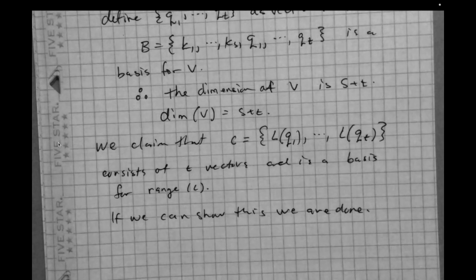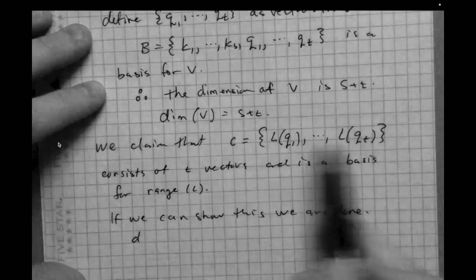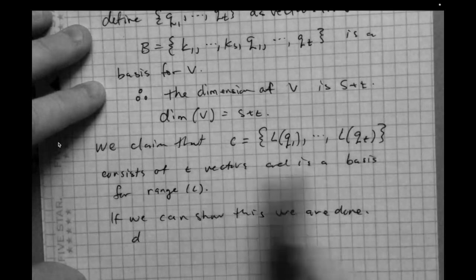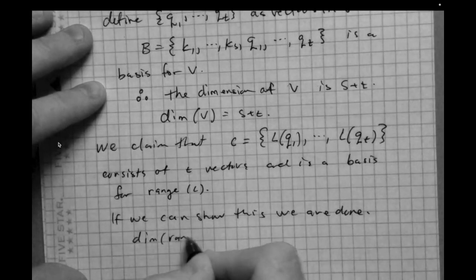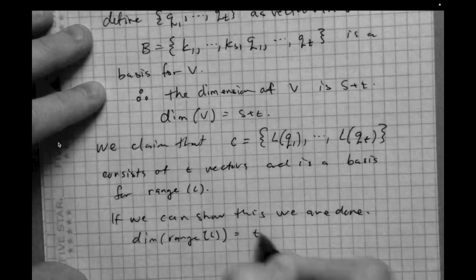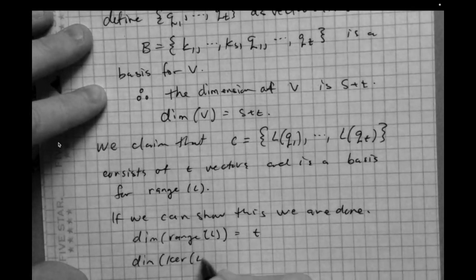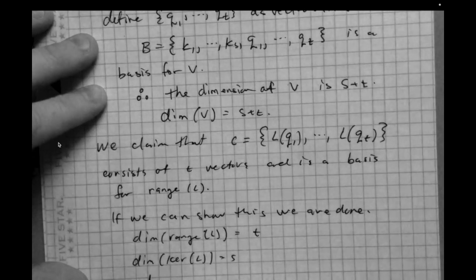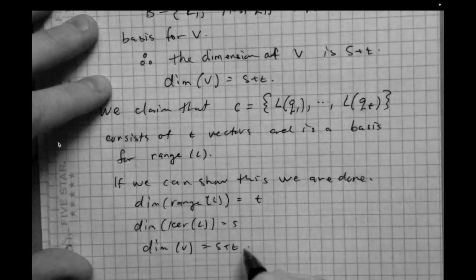We'll be done because if we can show that this is a basis for the range, then what we'll have shown is that the dimension of the range of L is equal to t, and we've already assumed that the dimension of the kernel of L is equal to S, and we also have that the dimension of V is S plus t. So that's the theorem, right?